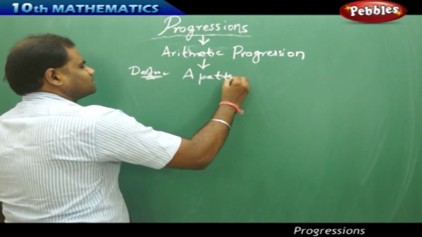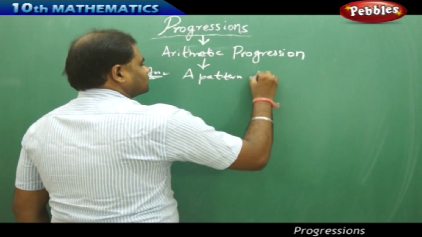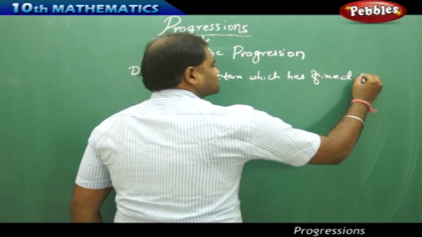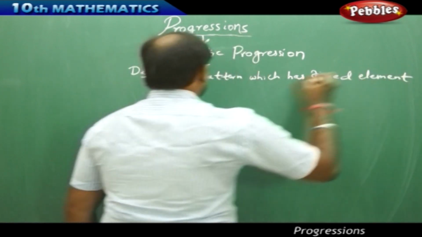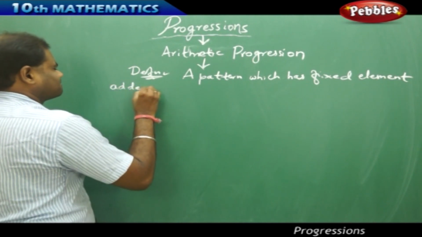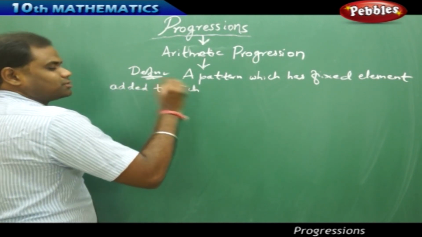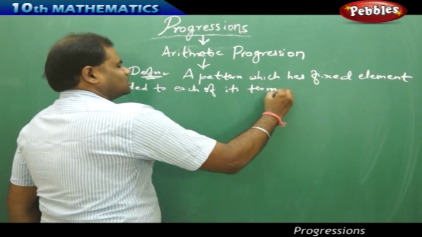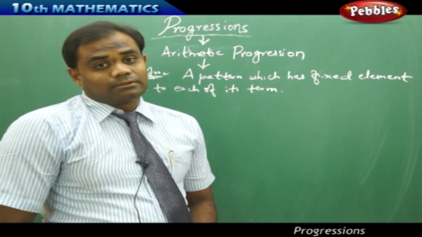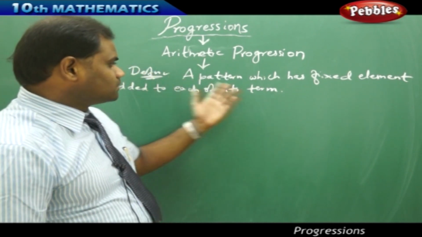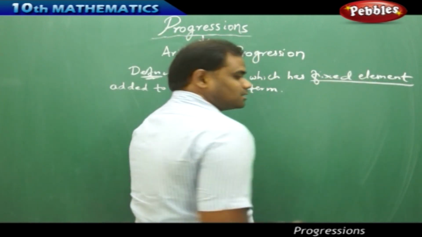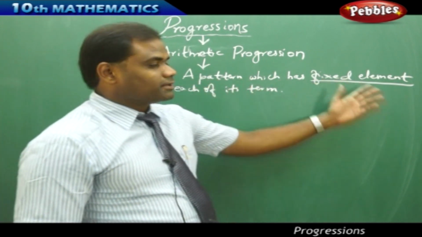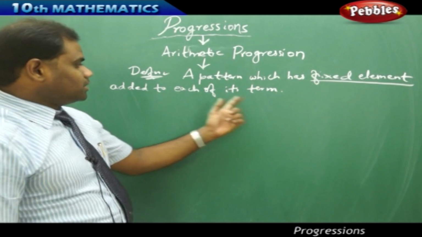A pattern which has a fixed element added to each of its terms is called an arithmetic progression. So what do you understand by a pattern which has a fixed element? Now this is a very important role which plays in arithmetic progression. So a pattern which has a fixed element which is added to each of its terms.